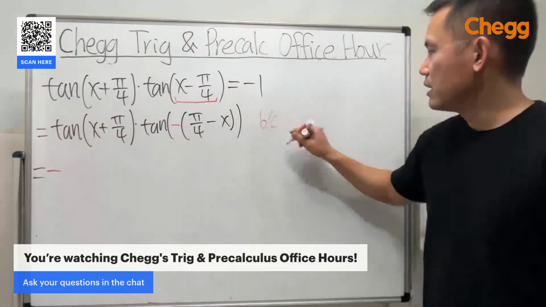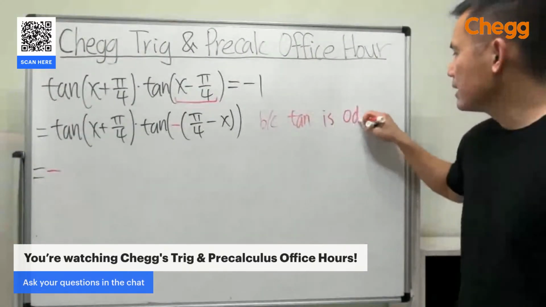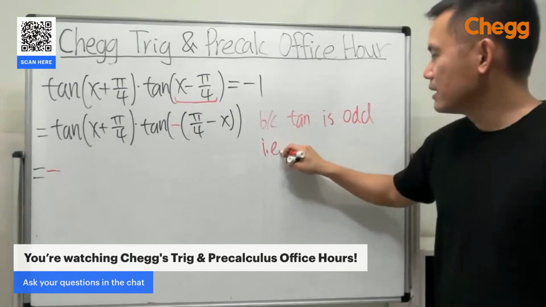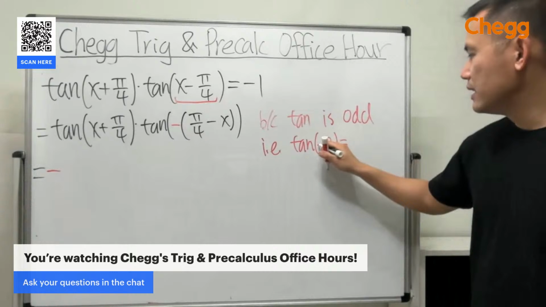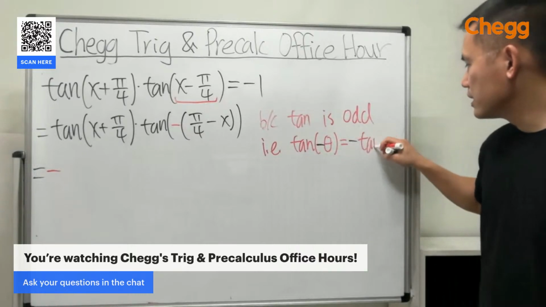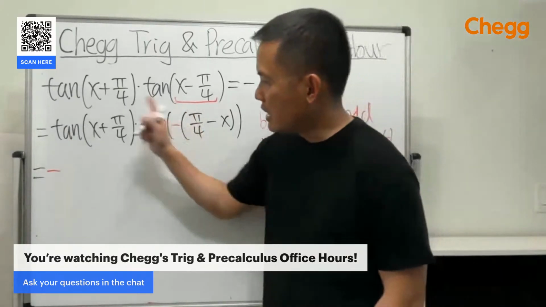If you have tangent of negative theta, this is negative tangent of theta. So I can put a negative on the outside.